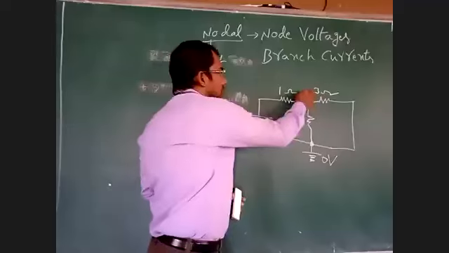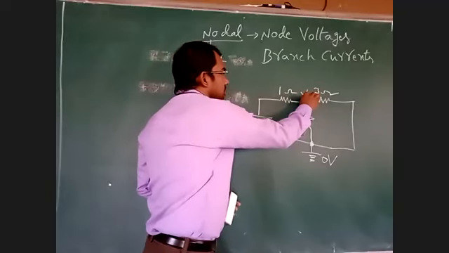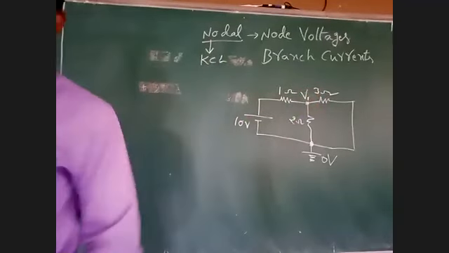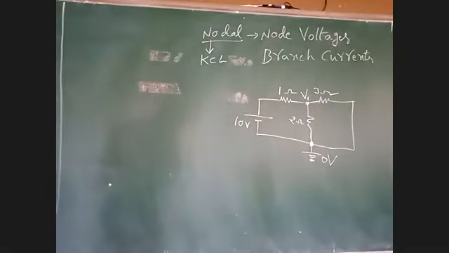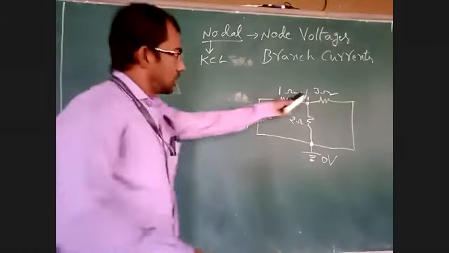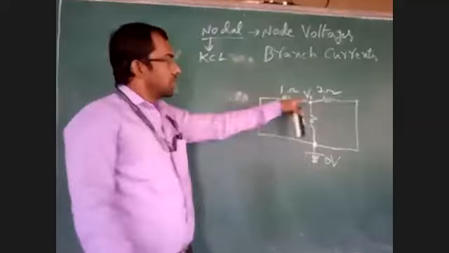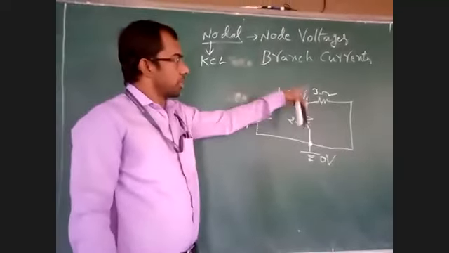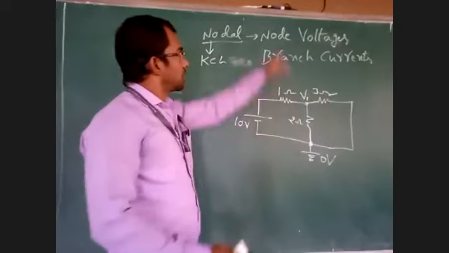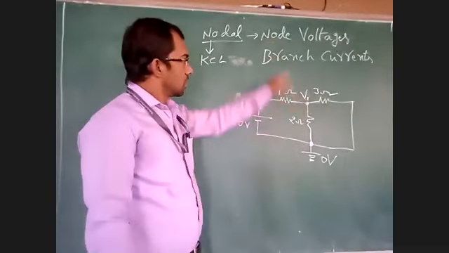I am assuming the voltage at this node as V1. If there were another node, we'd take it as V2. Let us assume that the voltage at this node point is V1. Now I have to determine this node voltage and also the branch currents.